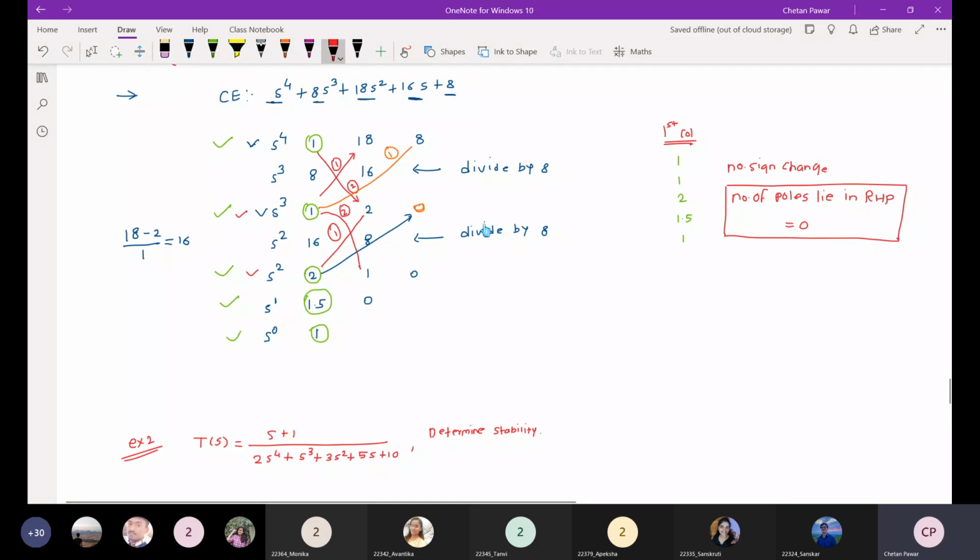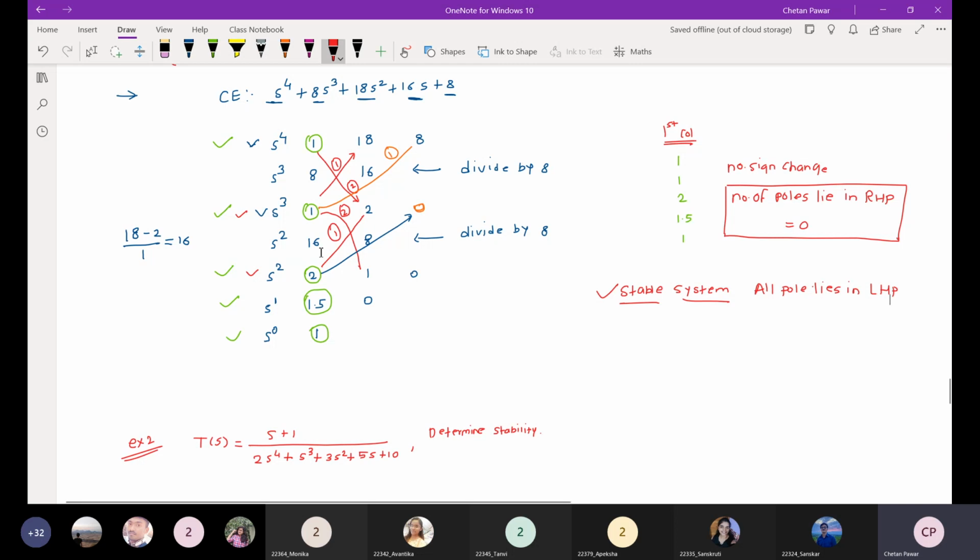Because all poles will lie in the LHP, the left hand side of the S plane. So this will be a stable system, and the number of poles that lie in the right hand side of the S plane will be 0.